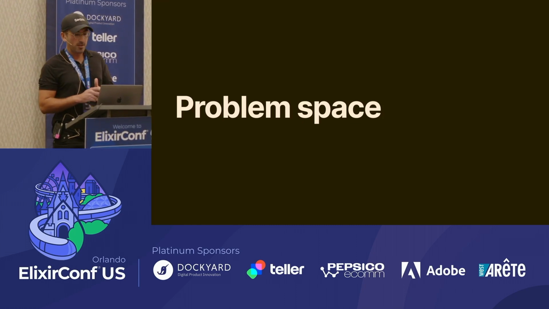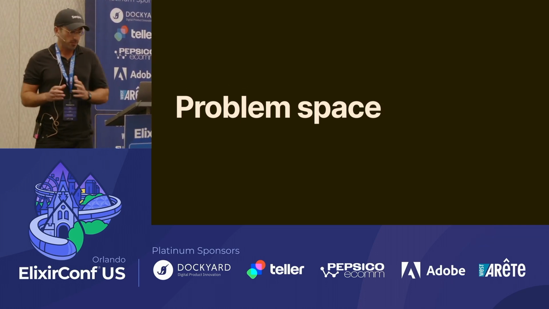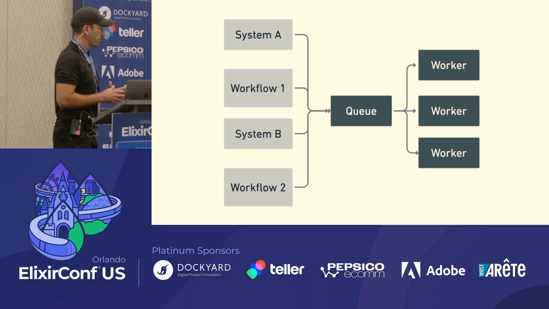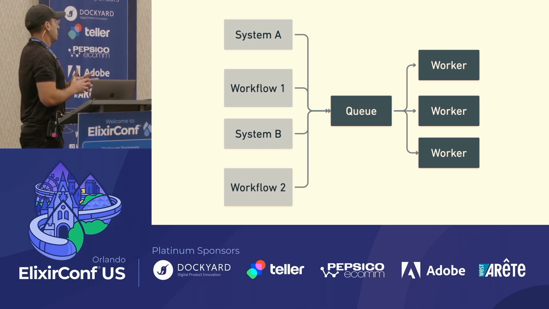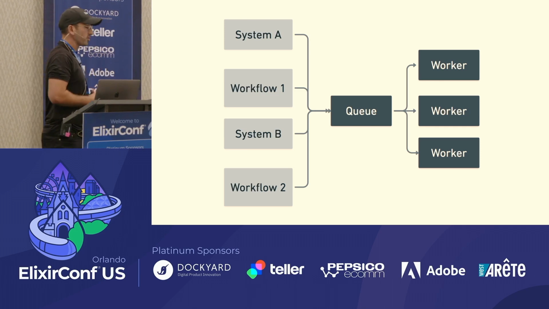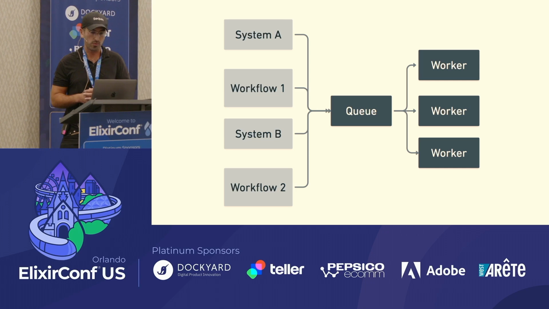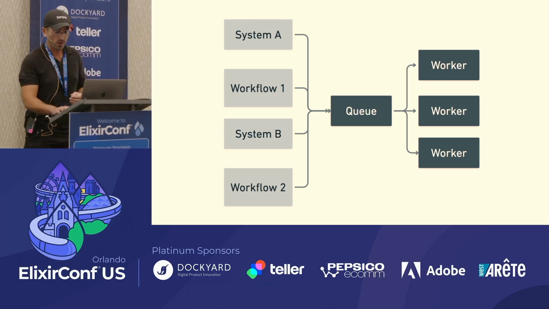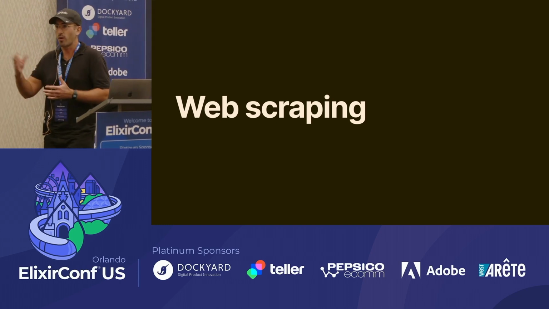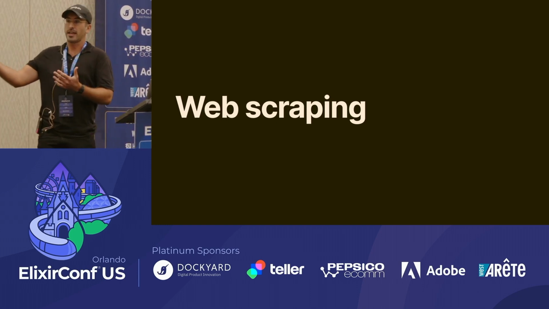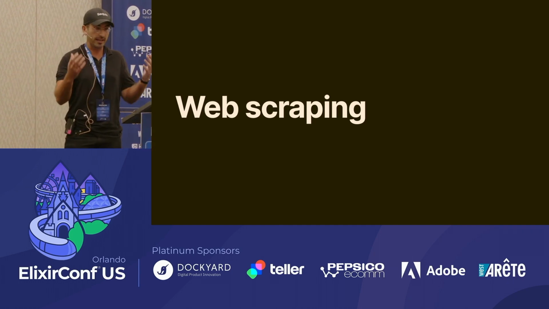When we think about data pipelines, we normally think about something like this, right? We have a bunch of different workflows or workers or LiveViews or controllers, and they're throwing stuff into a queue, and then we have workers that are pulling stuff off of that queue to process them. But what about web scraping? In web scraping, you make a request to grab some page, it comes back with a bunch of different links, and now you have your next set of work: 20 links to go chase down.